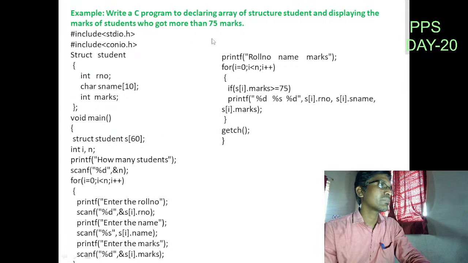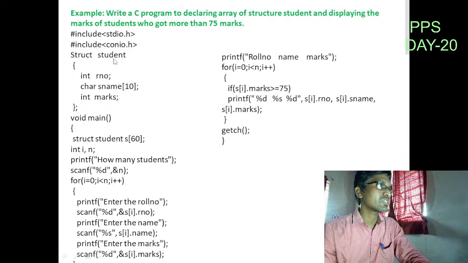Here I am declaring an array of structure student and displaying the marks of students who got more than 75 marks. For that, I am going to declare the structure student.